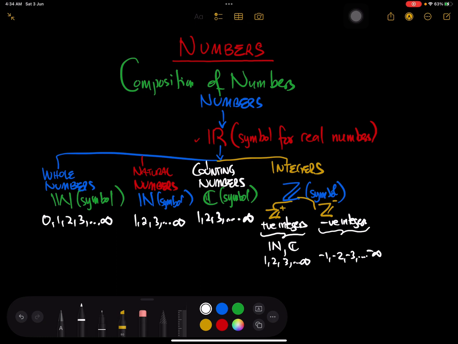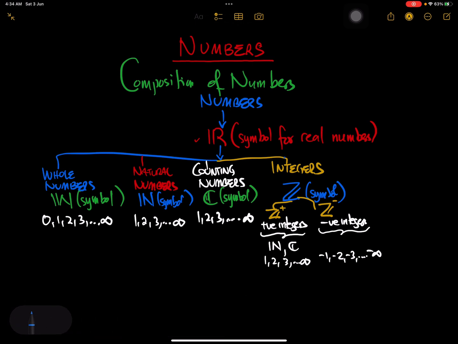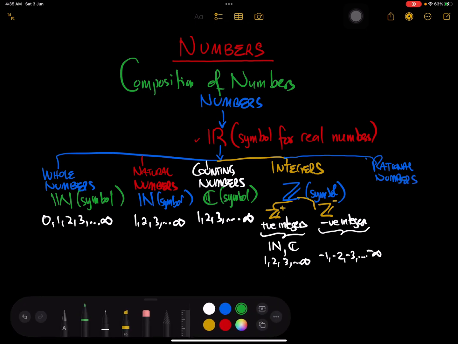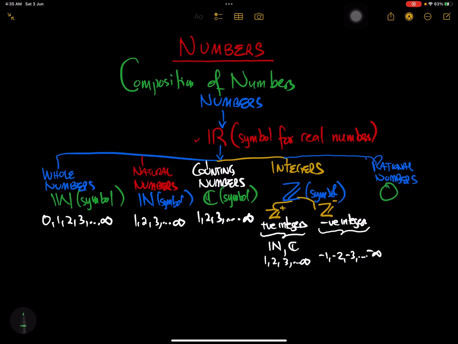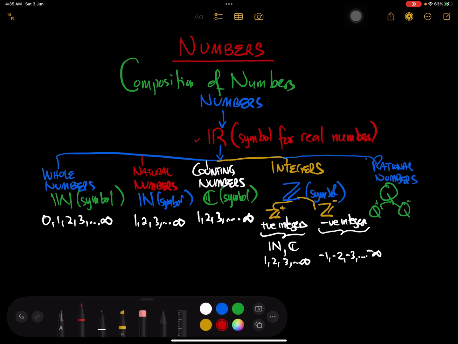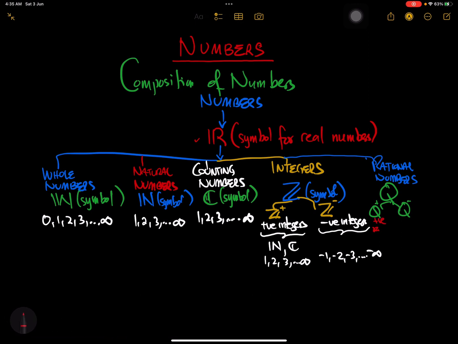The next category of numbers is what we call the rational numbers. The symbol is Q, like that. Here we have Q plus and Q negative, so we have positive rational and negative rational.